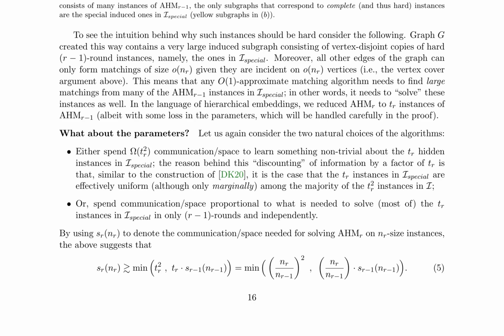The construction is illustrated in Figure 6, which shows the matrices A and B and the underlying graph G. The authors also provide an intuition behind why the constructed instance should be hard, arguing that the graph G contains a very large induced subgraph consisting of vertex disjoint copies of hard R-1 round instances.